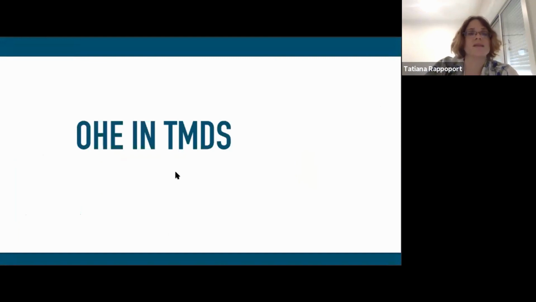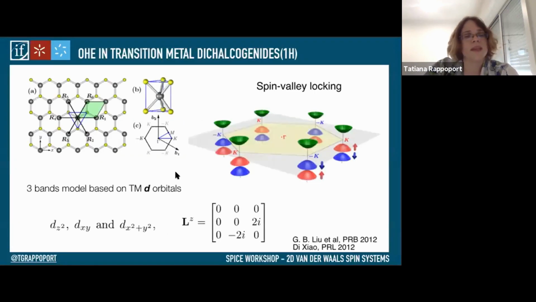So let me discuss now what happens with the orbital Hall effect in TMDs. When I'm saying TMDs, I'm considering a single layer of a TMD in the well-known structure of 1H, like MoS2, for example. It's a honeycomb lattice, and the transition metal atoms are located in one sublattice, and the chalcogens are symmetrically located in the other sublattice.